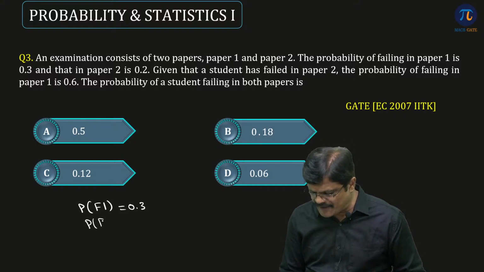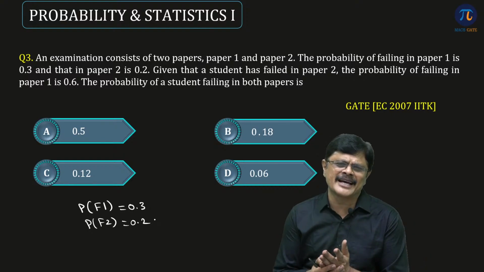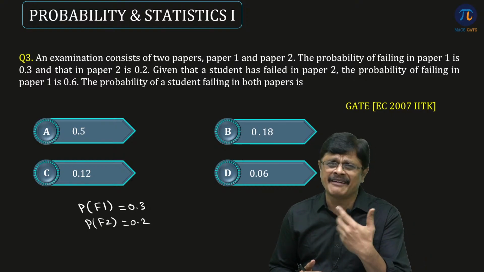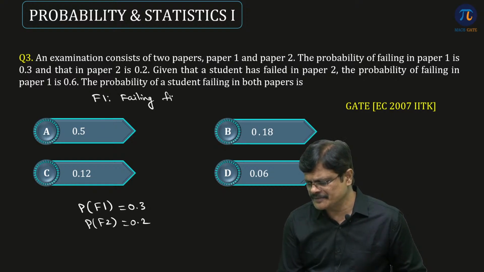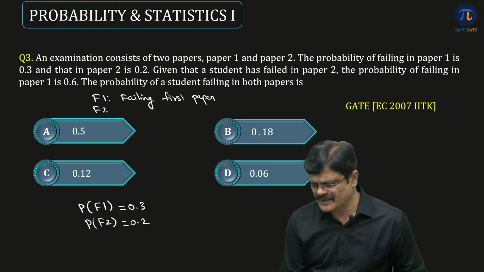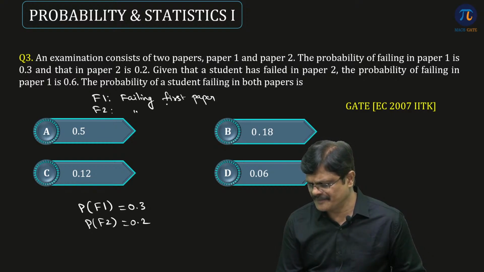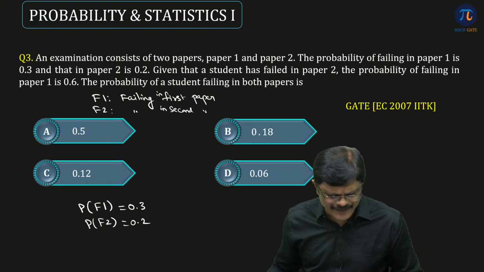I am calling F1 the event of failing in the first paper, and F2 the event of failing in the second paper. I just defined the 2 events.